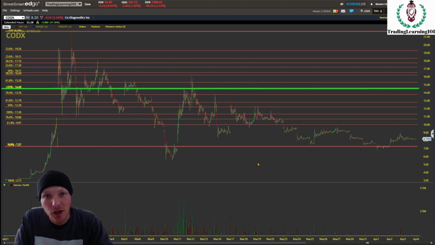And the psychology behind Fibonacci clusters: you have many different people and groups of people out there trading all types of different strategies and indicators, and many different people and groups using Fibonacci to trade.